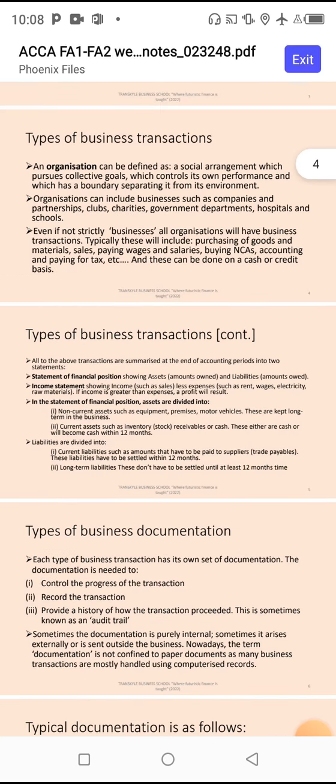Now, like I've said, the boundary is very important because it separates these organizations from one another. By the boundary, we are just saying their area or their jurisdiction or the main activities which they do, which separate them from the rest of other organizations.